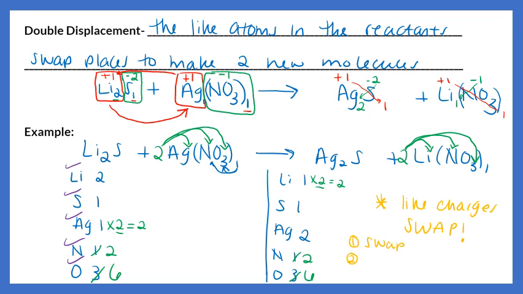Then 2, you crisscross. And then 3, you balance. So 1 swap, 2 crisscross charges, 3 balance. And if you can't crisscross the charges, you need to reverse crisscross.